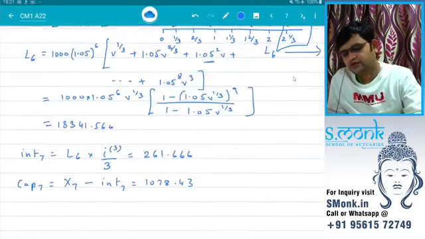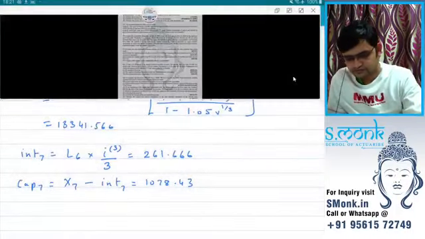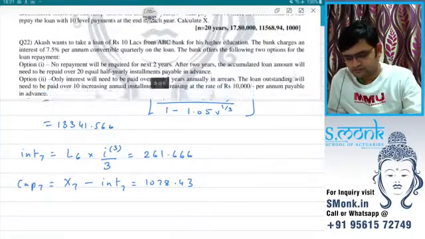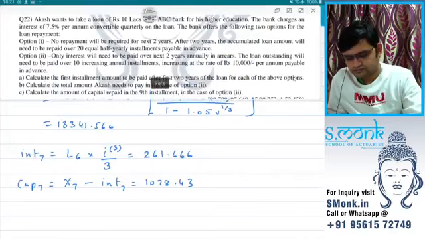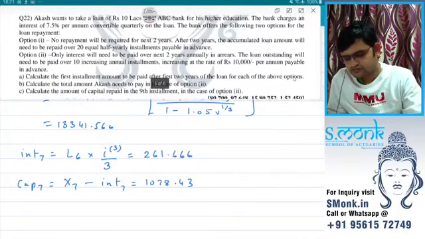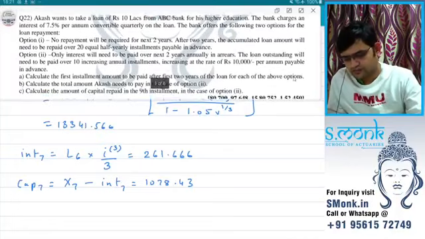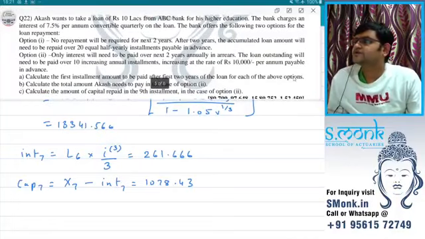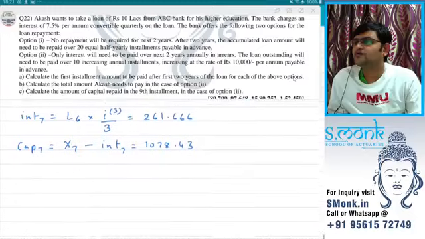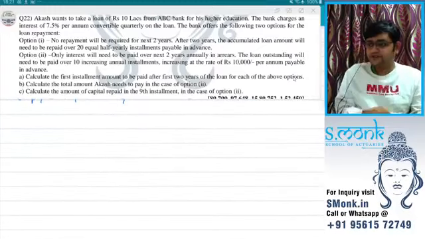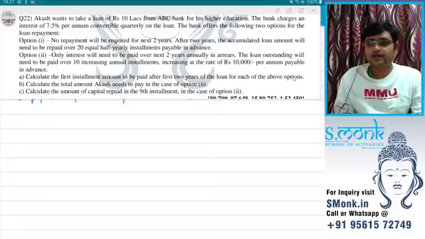Question number 22. We have Akash wants to take a loan of 10 lakhs from ABC Bank for his higher education.